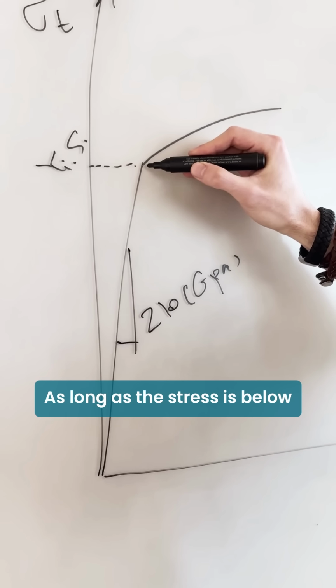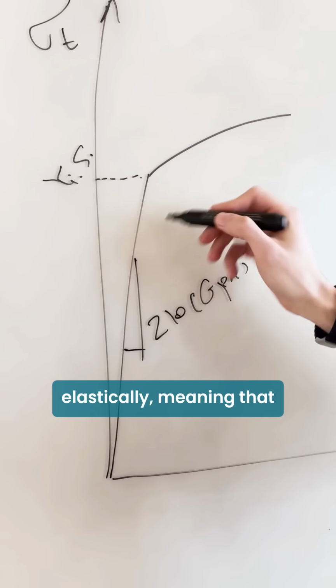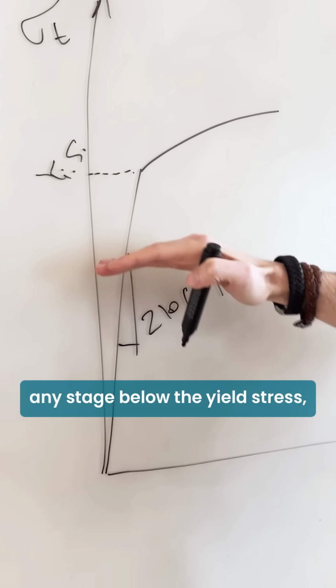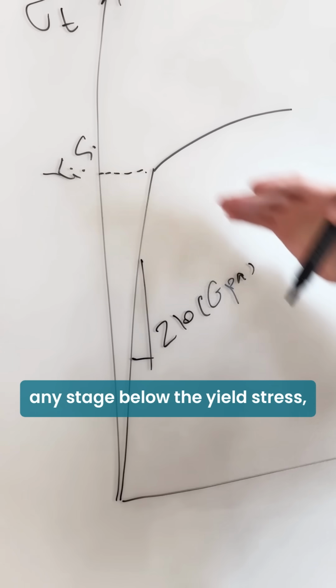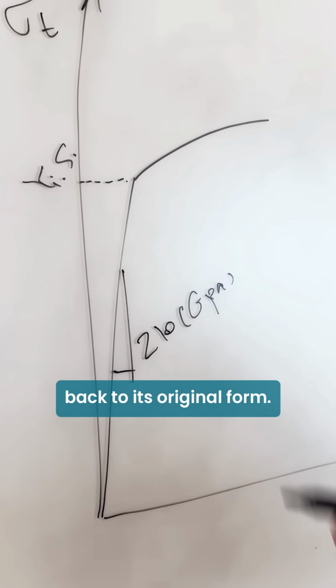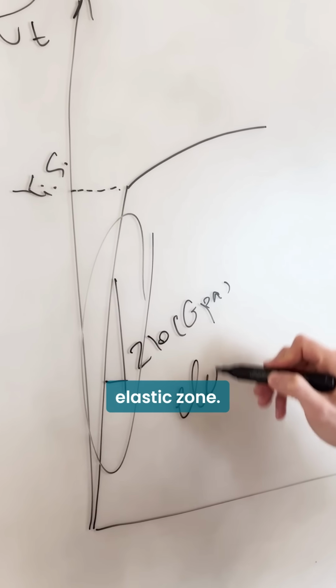As long as the stress is below the yield, the material is behaving elastically, meaning that if we unload the sample at any stage below the yield stress, it will completely go back to its original form. This is why this zone is called the elastic zone.